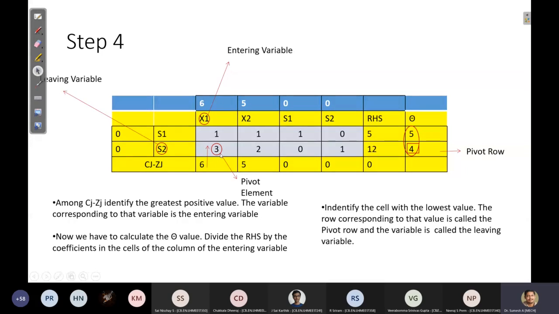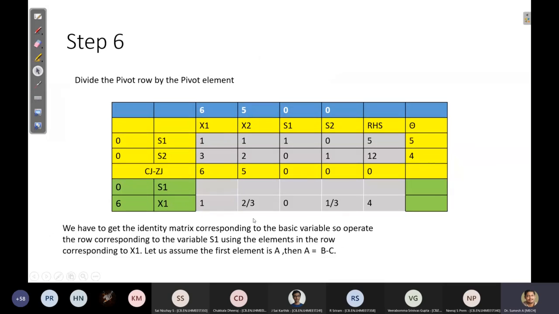So x1 will replace s2 and here the value will change to 6. You can see 1, 2 by 3, 0, 1 by 3 and 4.